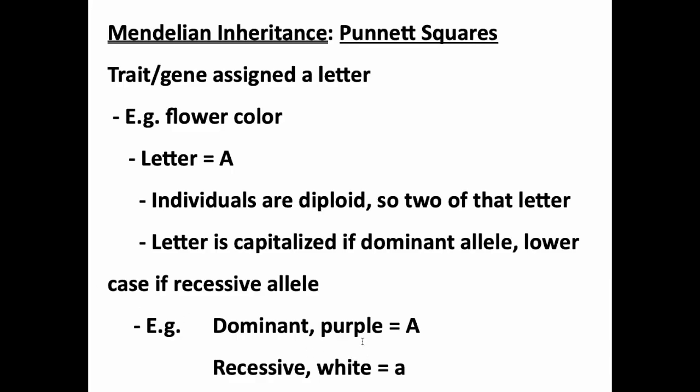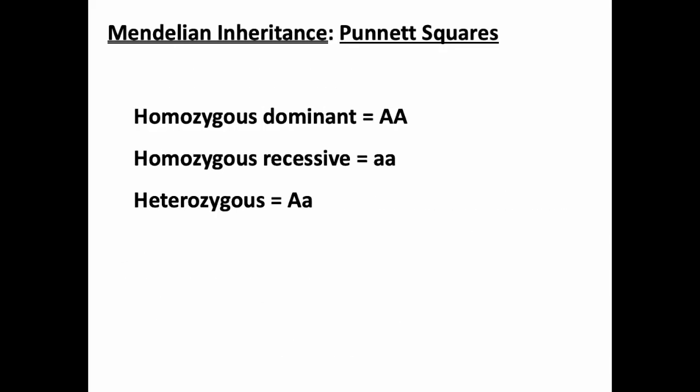So, knowing that dominant is capital A and recessive is lowercase a, this gives us a very neat shorthand for describing those three genotypes that we defined earlier. So homozygous dominant, having two of the same thing, and it's dominant that you have two of, can very easily be written out as capital A, capital A. Homozygous recessive, having two of the same thing, and it's recessive you have two of, is just lowercase a, lowercase a, very succinct.